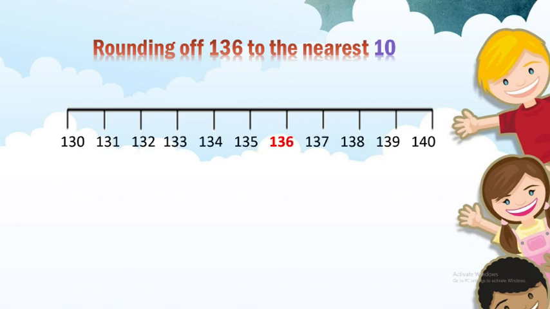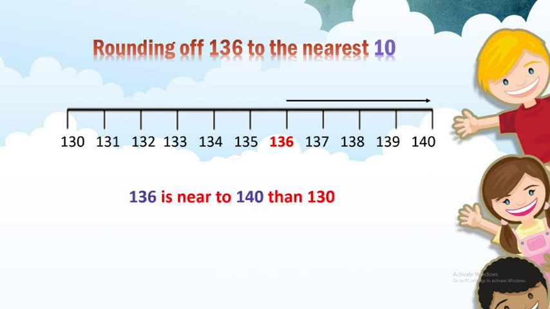You have to continue to write the numbers. After that, you have to look whether 136 is nearer to 140 or 130. When you round to the nearest 10, 136 is near to 140, right?